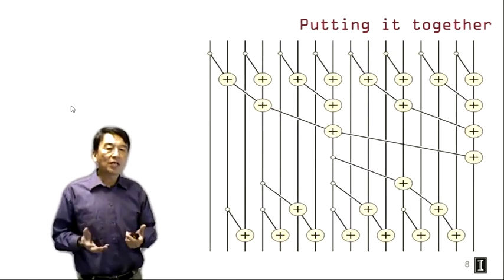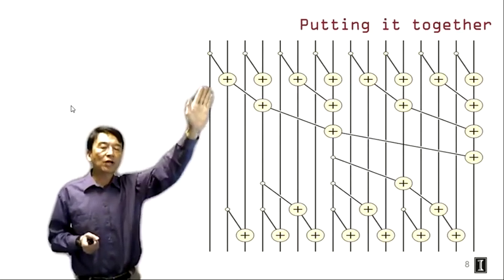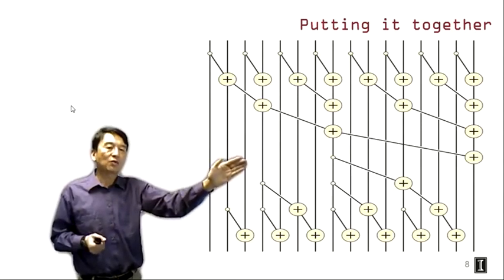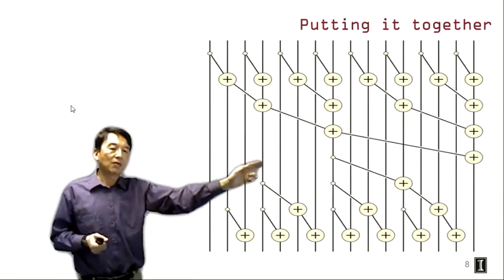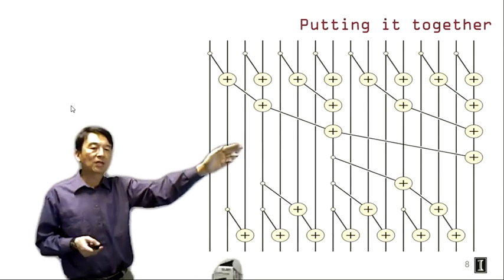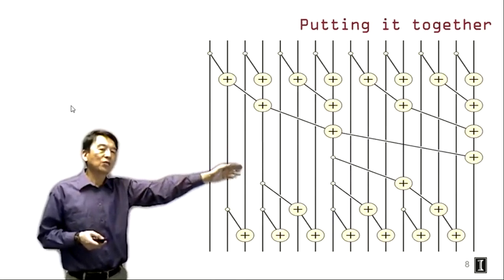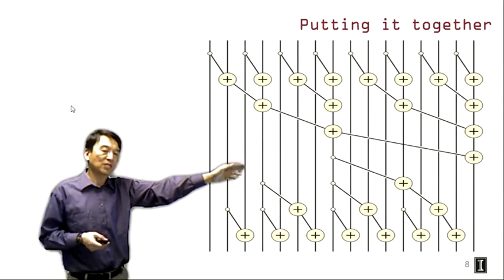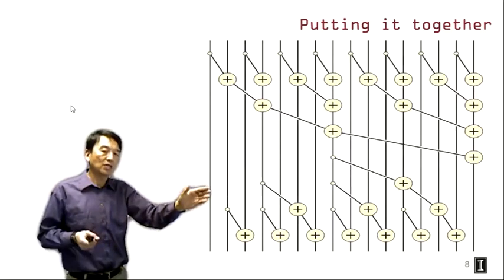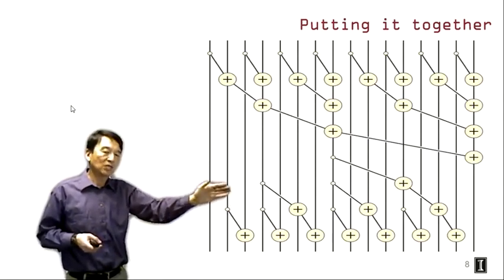If we put it all together, this is a 16-element case where we have the reduction phase, and then we have the post-reduction reverse phase. And we show that it's the same thing. After the reduction phase, we're going to need to bring the central value quickly into the 3/4 position, and then we would need to bring the next level of values into the positions two to the right.